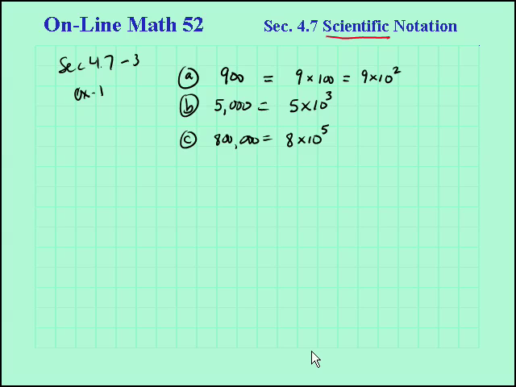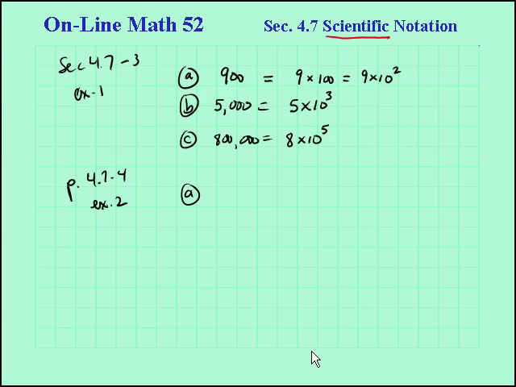Similarly, on page 4.7-4, example 2, we have a small number, actually 2 small numbers. And these can also be represented in the same way, except small numbers are represented with negative exponents, negative powers of 10.